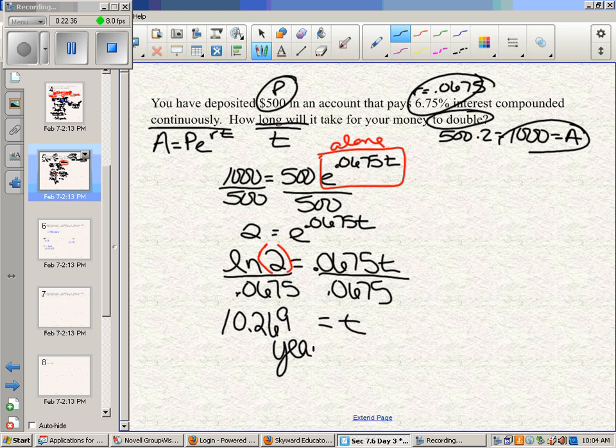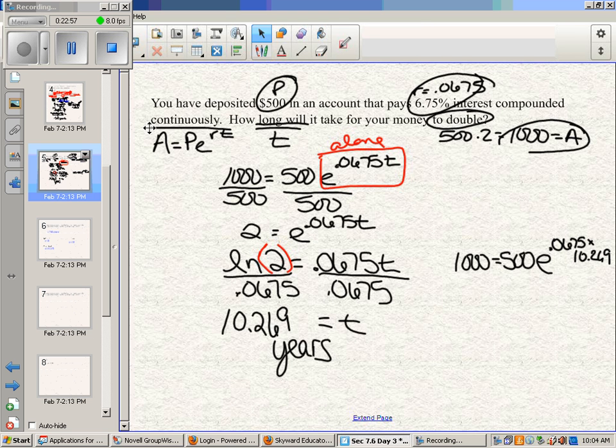And our label is years. Years. Always years. Am I going to get exactly 1,000 with this one? Do I need parentheses? Yes. So make sure you get those parentheses around your power.